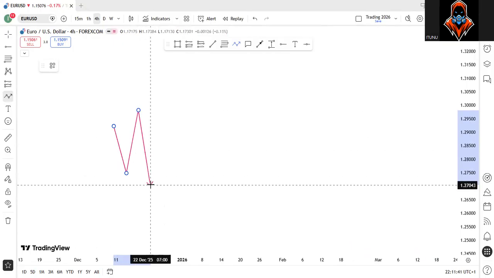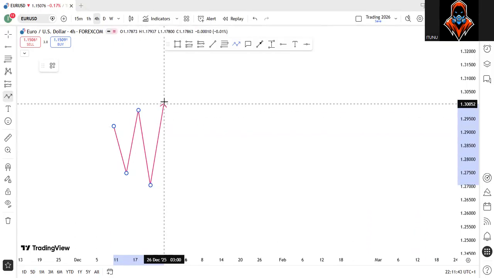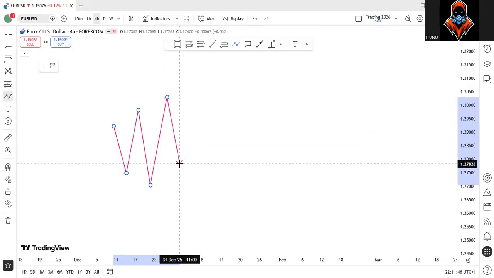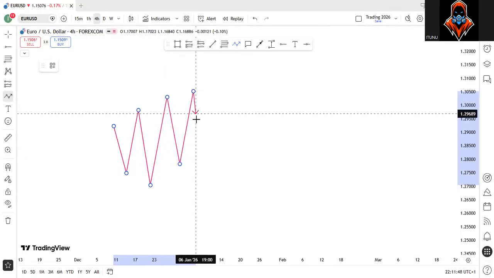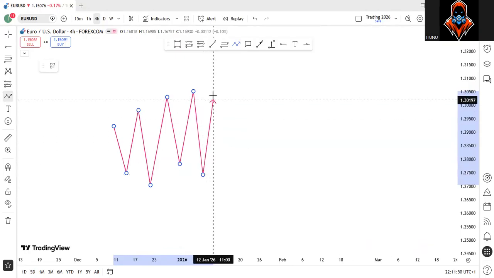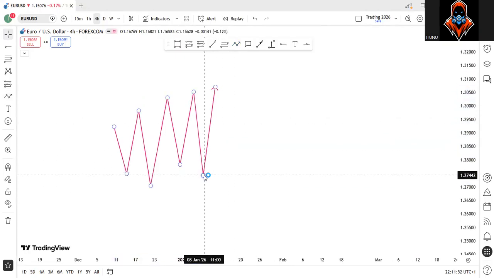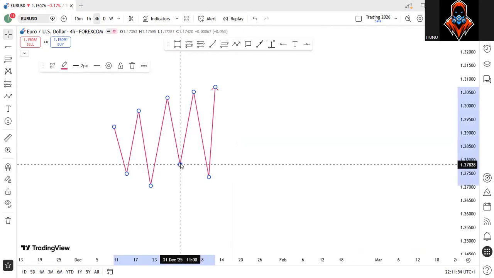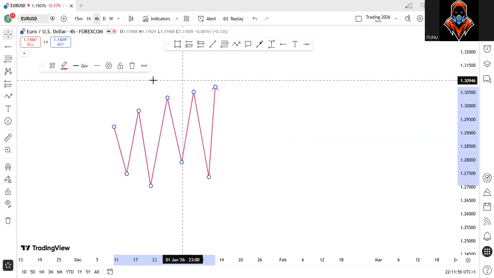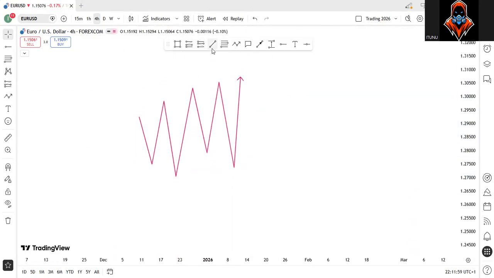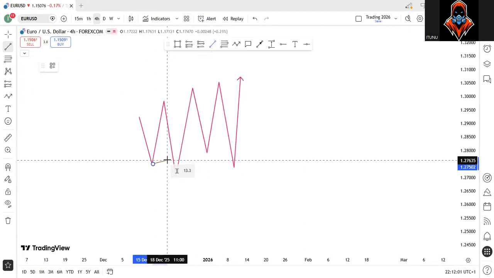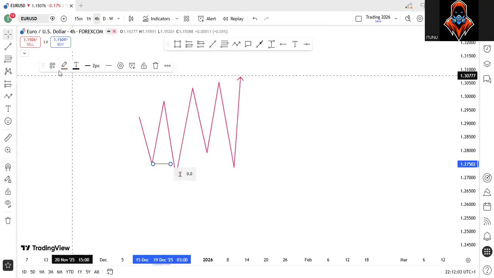Let's say this is a bullish scenario. This is exactly what we're looking for inside the market. This is going to be considered my sweep. First of all, look for a sweep.